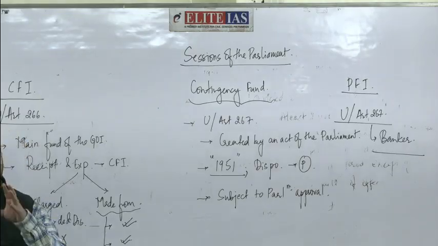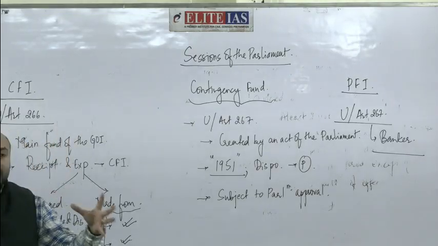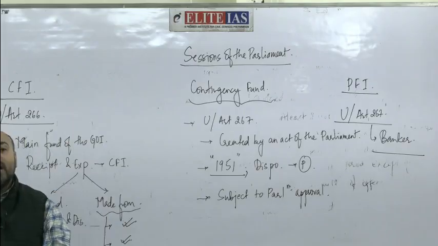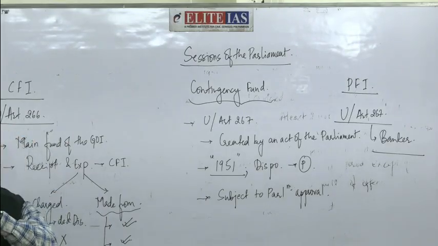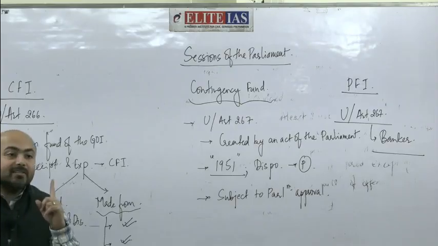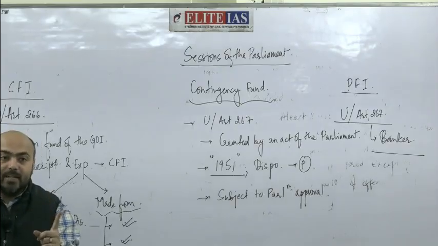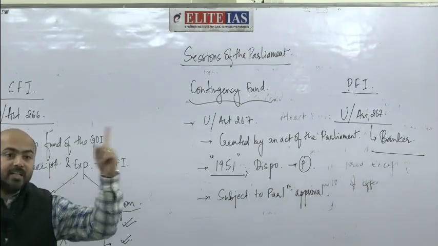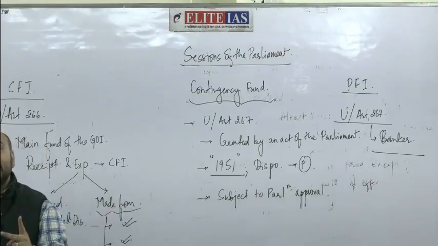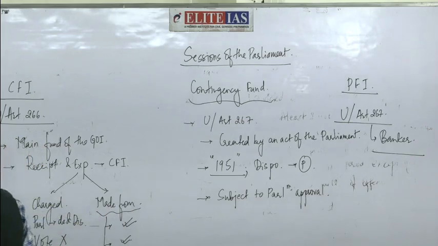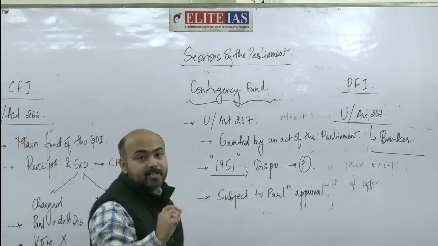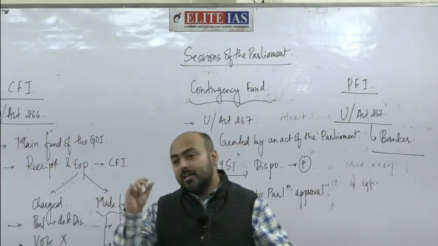The Constitution has conceived the office of the governor in a dual role. First, he acts as the ceremonial executive head of the state, and secondly, he also acts as the representative of the center in the state.